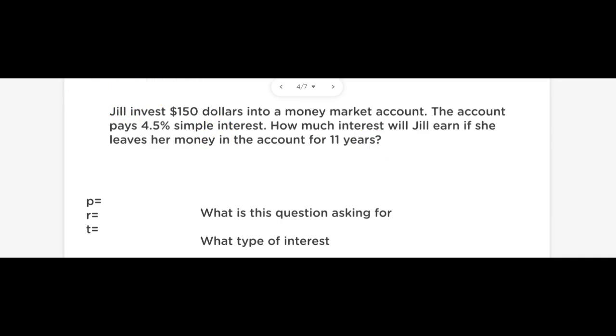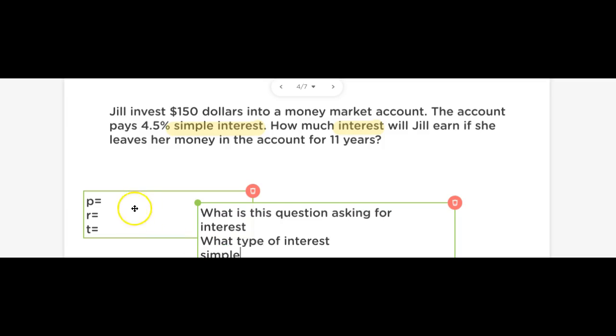If I use my highlighter tool, I see that I'm looking for interest, and I know that it's talking about simple interest. So on these two questions, what is the question asking for? I know that it's asking for interest, and I know that it is simple. My principal is 150.